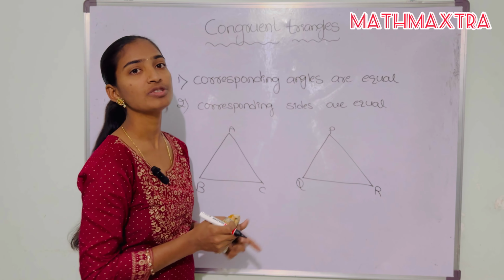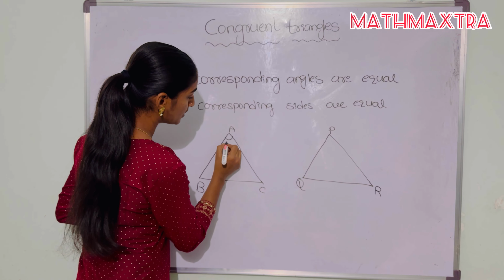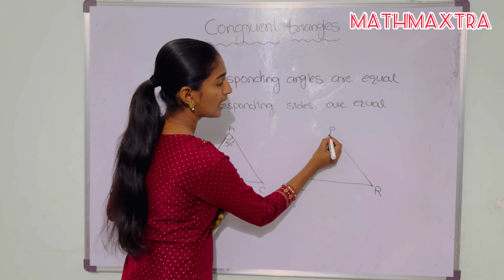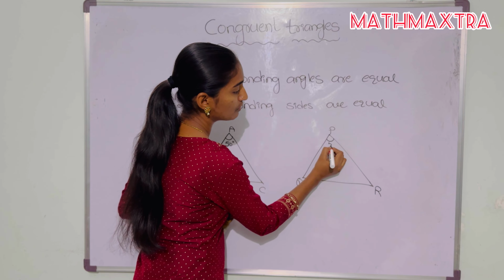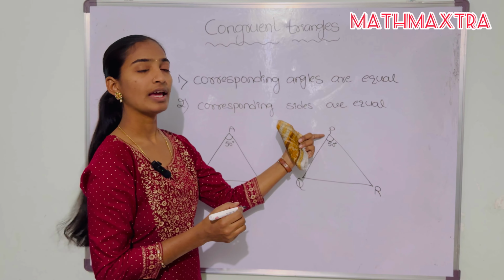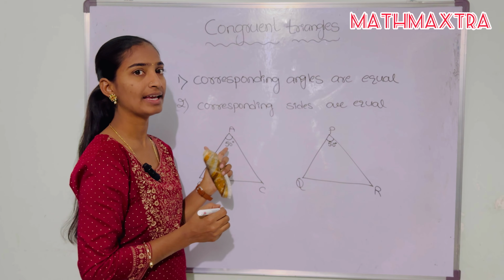What do you mean by corresponding angles? If this angle measures 50 degrees, this angle should also measure 50 degrees. Then we call angle P the corresponding angle of angle A in triangle ABC.